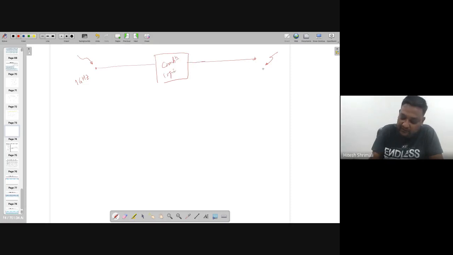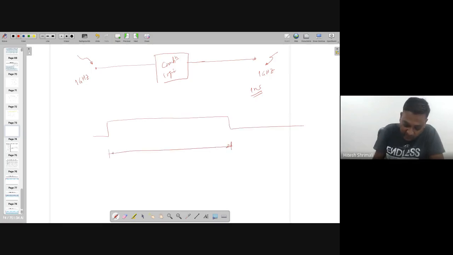Here I want to have the same 1 gigahertz, which means 1 nanosecond is the clock period. In that case, you need to make a budget that this is going to be equal to 0.5 nanosecond.